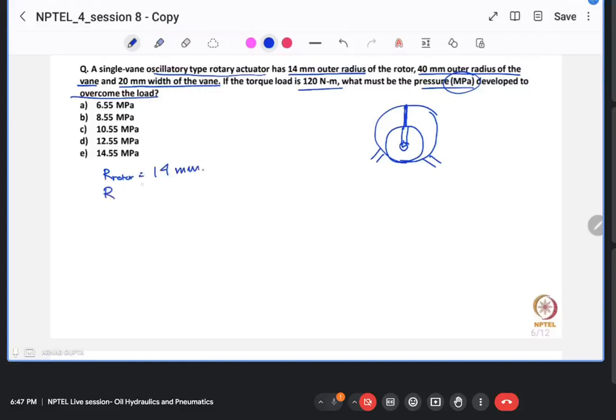Outer radius of the vane is 40 mm. And your width of the vane is 20 mm.